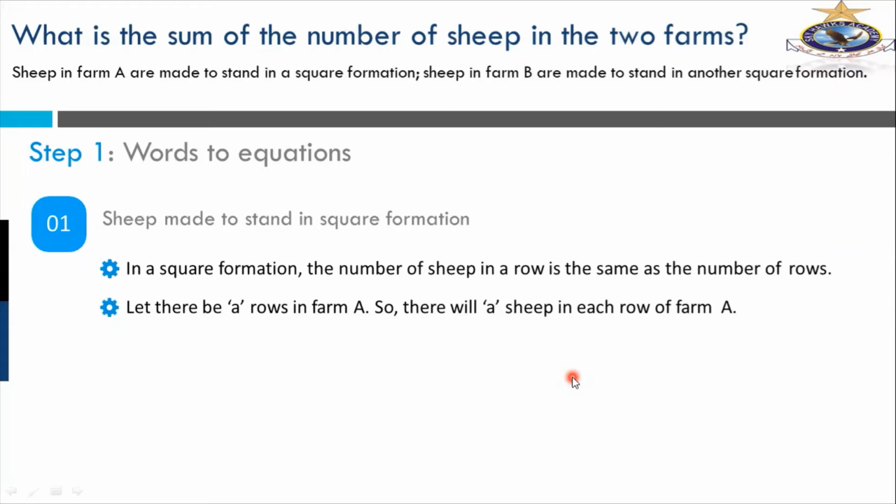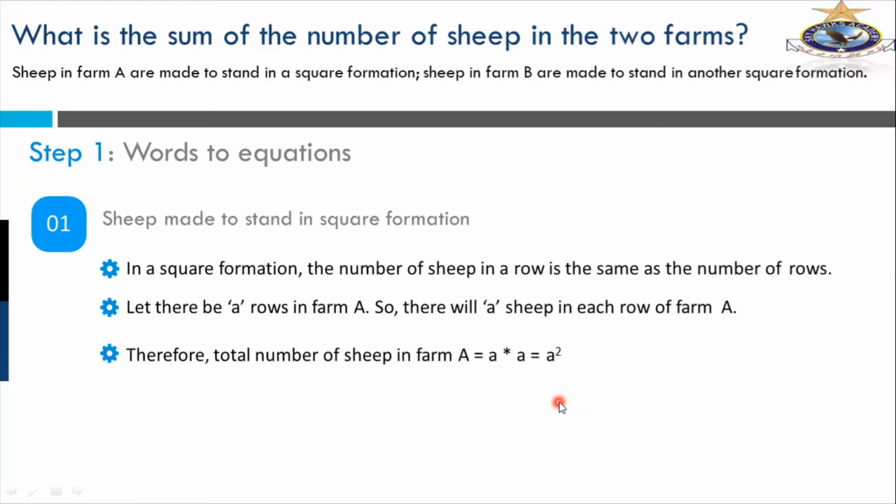That will justify the statement that the number of rows and the number of sheep in each row are equal. So the next point is, therefore, the total number of sheep in farm A is a multiplied by a, a square. This is the total number of sheep in farm A.